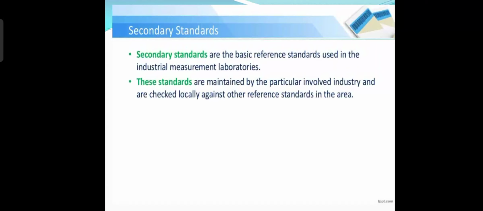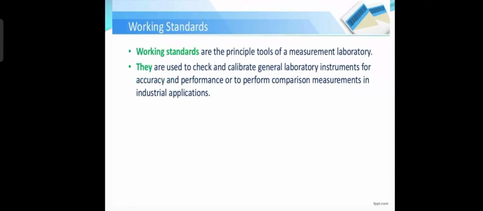These standards are periodically sent to the National Standard Laboratory for calibration and comparison against the primary standards. The national laboratories send the secondary standard back to the industry with the certification as regards their measured value in terms of the primary standard.